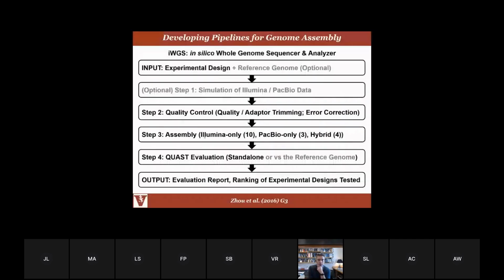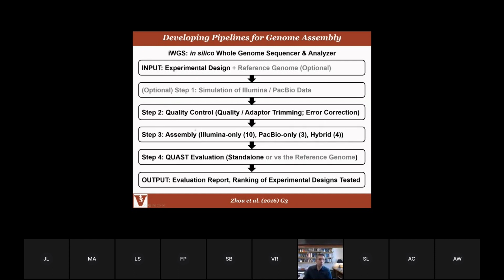The first, of course, is that once you start sequencing genomes en masse, and for a period of years we were doing that, we have to develop pipelines that make assembly and analysis of the genomic data quite easy. Along these lines, we developed an in silico whole genome sequencer and analyzer. You would give it the genome data from many different strains that we had sequenced, and it would automatically do quality control and error correction.